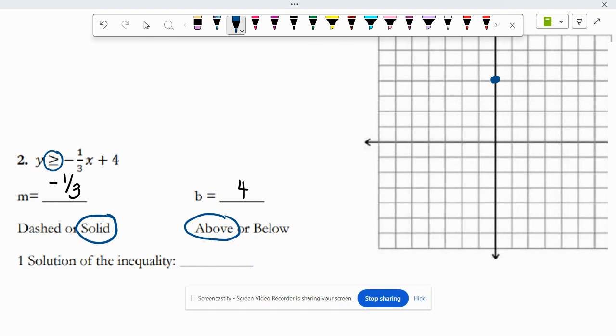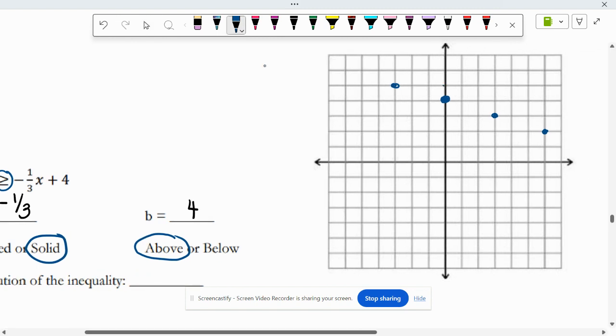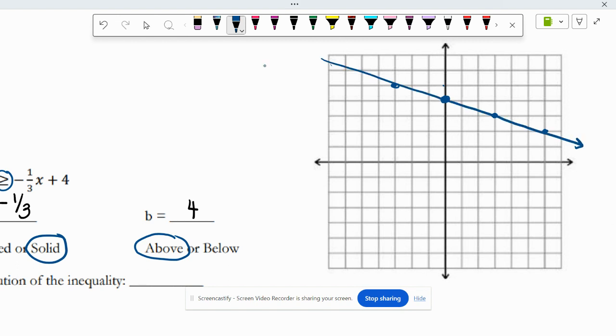It is negative. So I'm going to go down 1 and to the right 3. I'm also going to go up 1 and to the left 3. Connect my points with a solid line. How am I shading? Above or below? Above. Shade above.